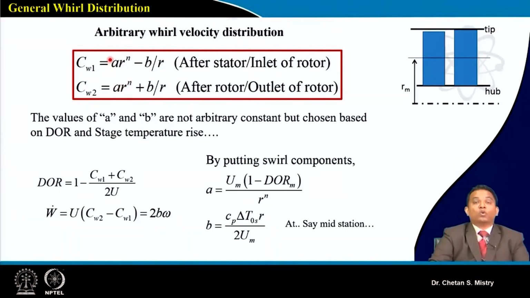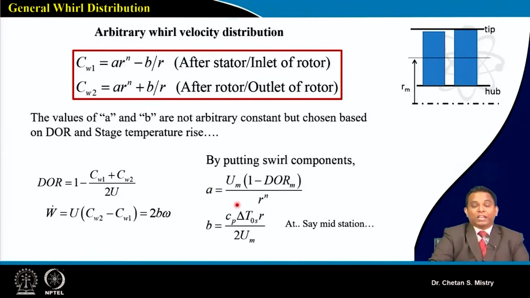We have unknowns, the constants A and B. We calculate these constants based on our formula for degree of reaction and the stage total pressure rise. If I simplify the equations for degree of reaction and work done, we get the values of constants A and B.